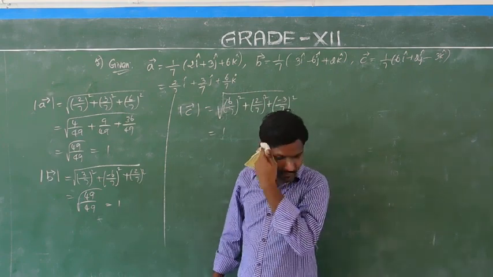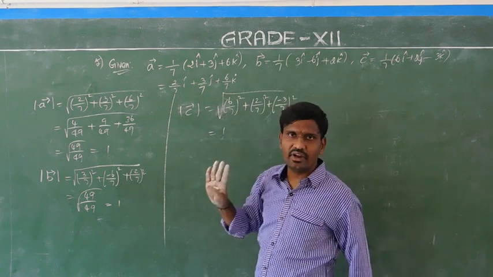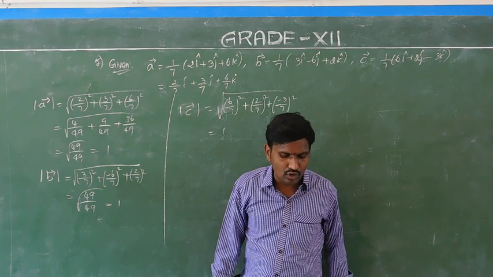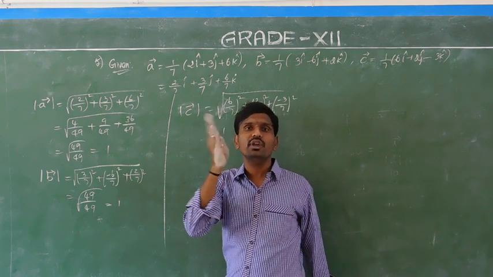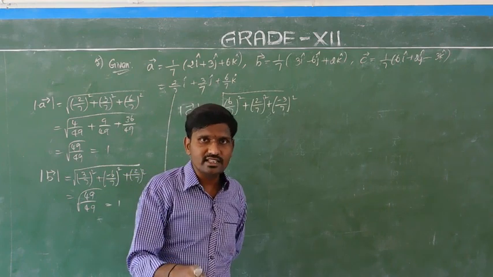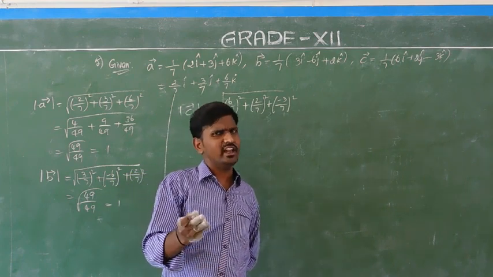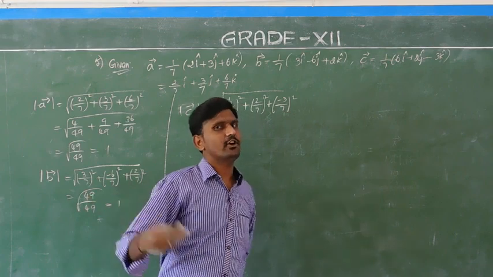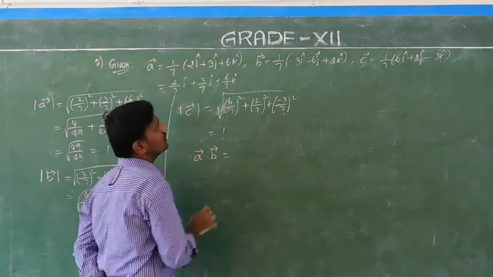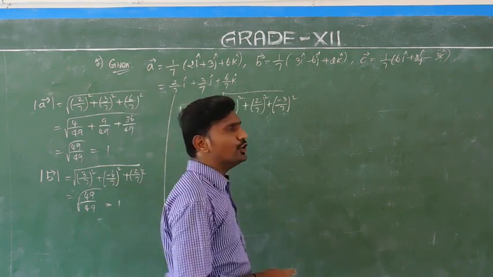Yes. Next, the three given vectors being unit vectors has already been proved. Now those three are also mutually perpendicular to each other. So we need to find A dot B, B dot C and A dot C, or instead of A dot C you can choose C dot B. Okay. Now take A dot B. How to take a dot product, you already know, no?